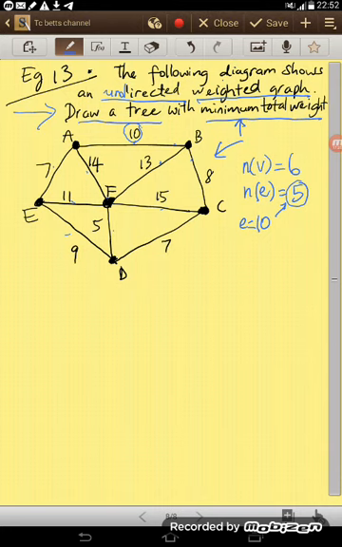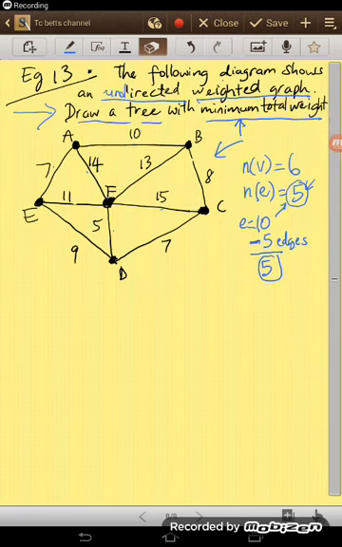That means you have to take away how many? 5 edges. Have to take out 5 edges to make it 5 edges here, to follow the formula. So class, which edge do you want to take out? Remember we have 5 edges to take out.